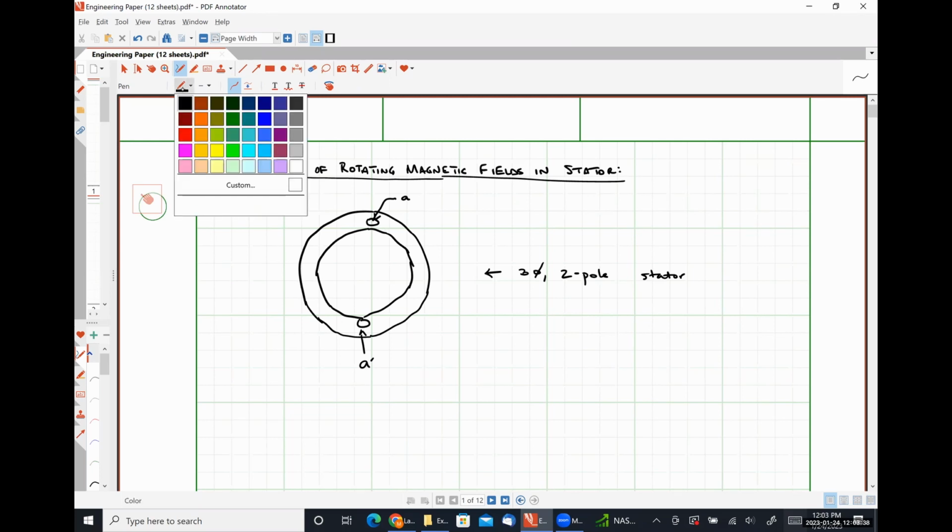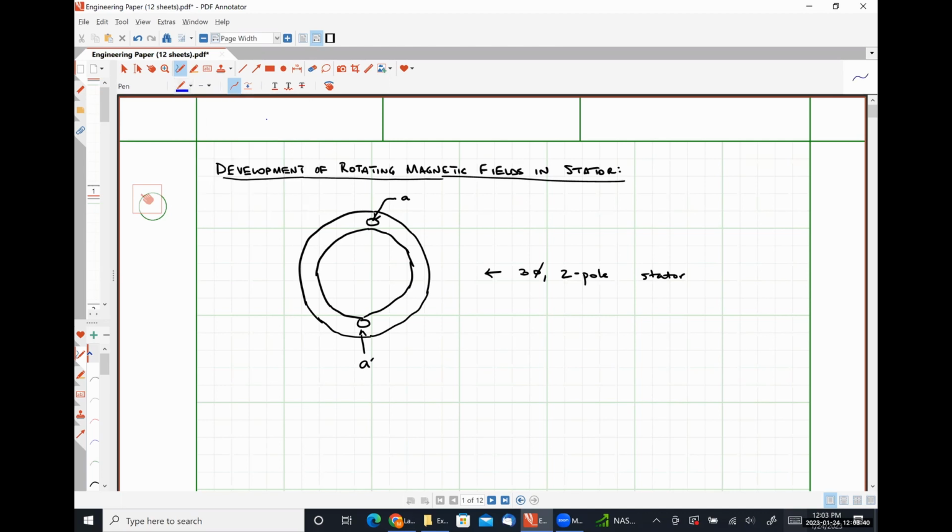We should have our B and B prime, 120 degrees out of phase with our A winding. And we'll have our C and C prime, 120 degrees out of phase with our B winding.